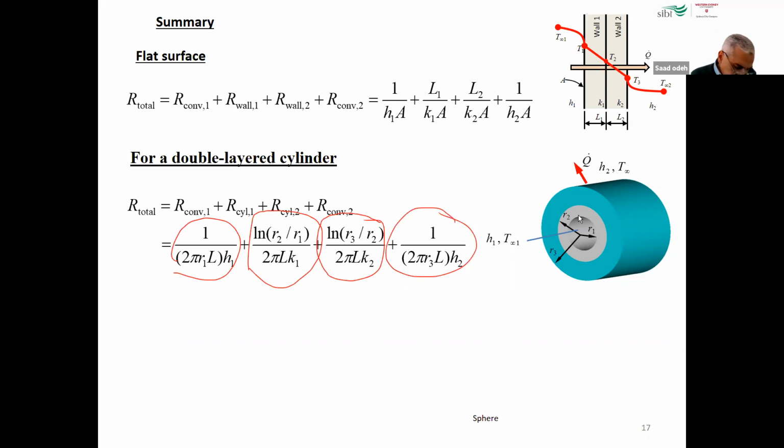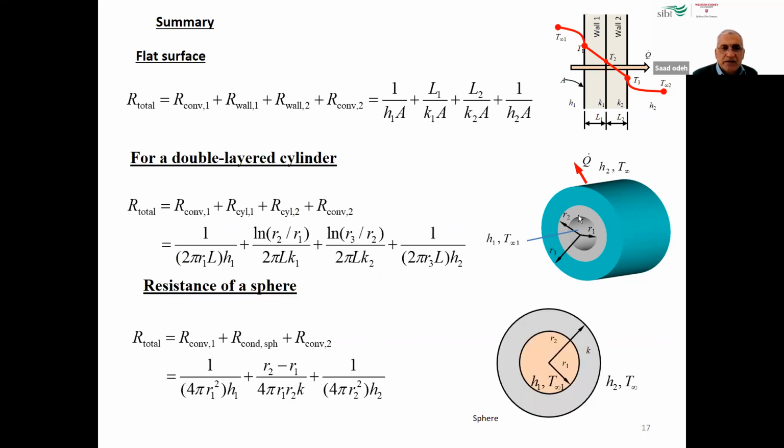The last one, the sphere, we will not take here because, as I said last time, we don't have this kind of system or this type of heat transfer in spheres, because most of the systems, like heat exchangers, use tubes, or walls use flat surfaces. So most likely we will focus on these two.